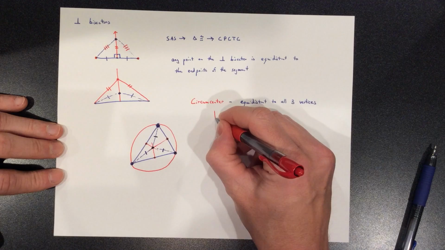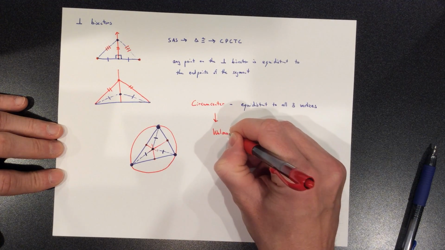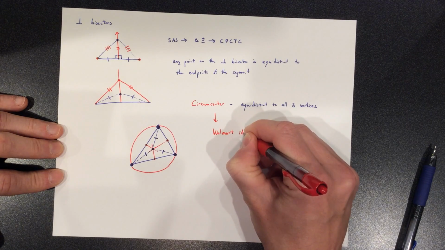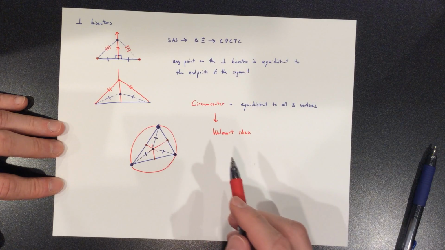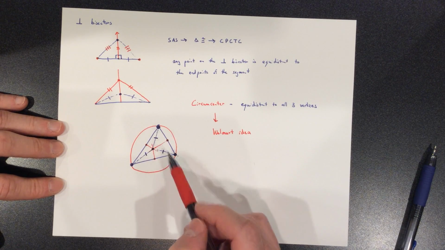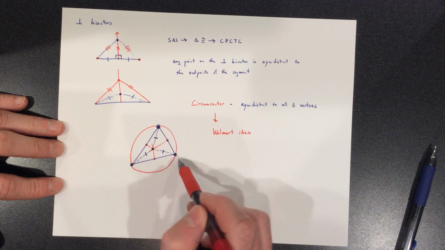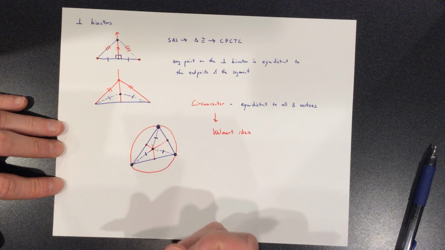And again, in my class, we called the circumcenter kind of the Walmart idea. Where are you going to put a Walmart if you want to have it equidistant from 3 separate big neighborhoods or maybe 3 small cities? You don't want to put a Walmart in one city. These 2 people are going to be upset. You might as well put it right there so it's the same distance from all of them.